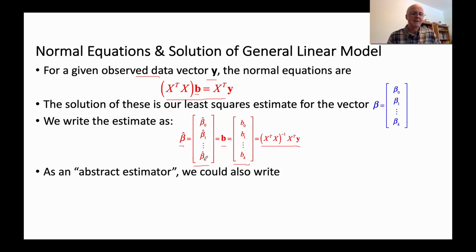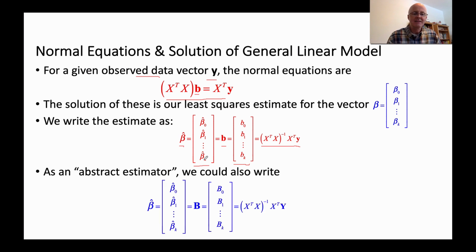But we can also think about this as an abstract estimator. Here I'm thinking of it as being observed sample statistics. b0 through bk, or beta 0 hat through beta k hat, are observed sample statistics based on little y being an observed output vector. But if we want to think about it theoretically, we can think about this equation as an abstract estimator.